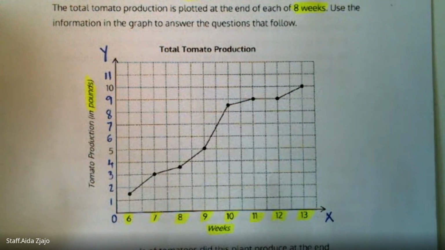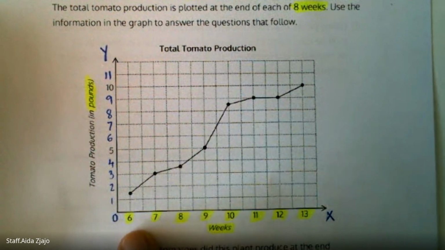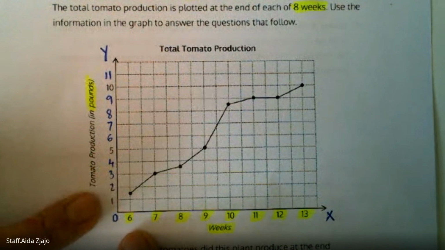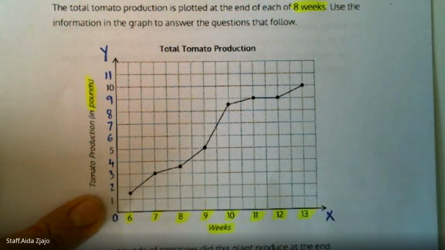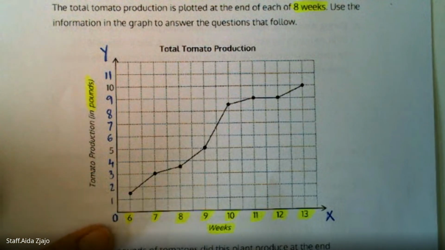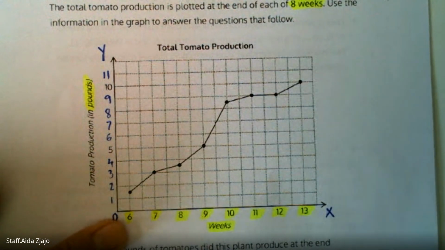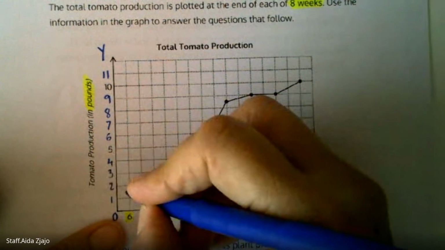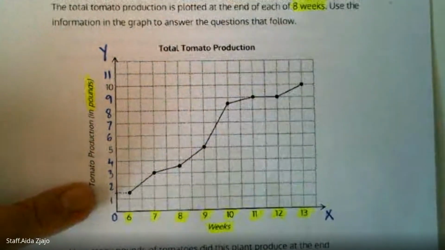So now we can look at how many pounds of tomato were produced from one week to another. At first, we start with 1.5 pounds.